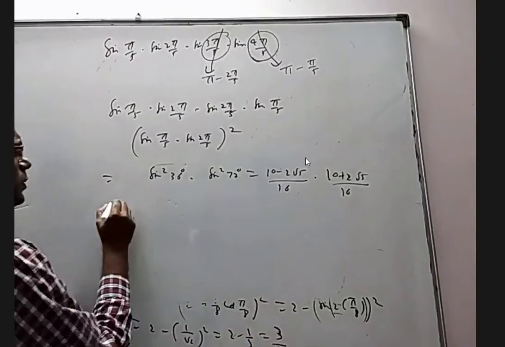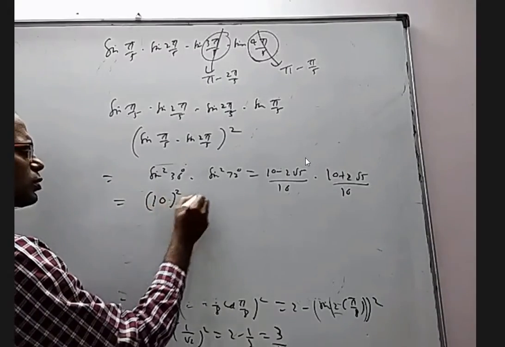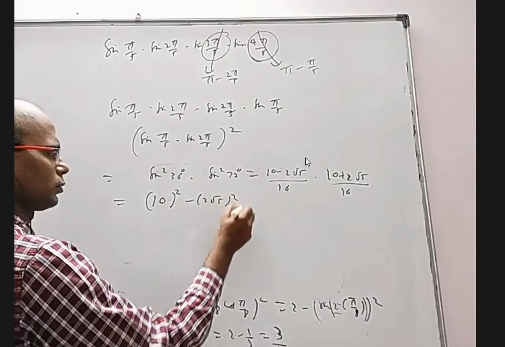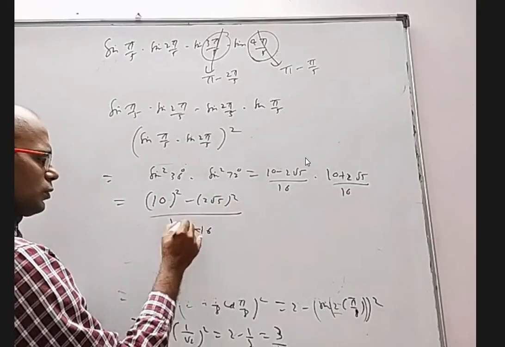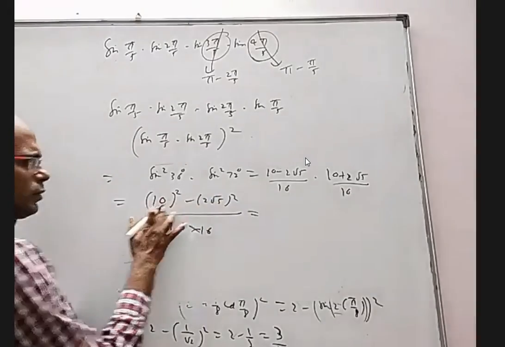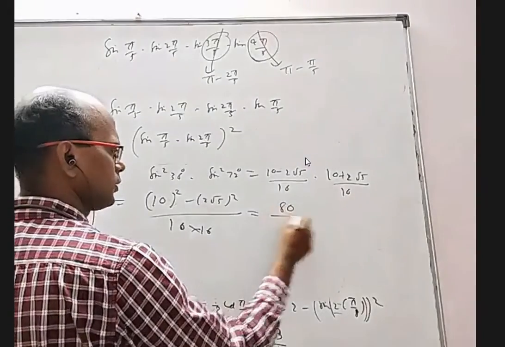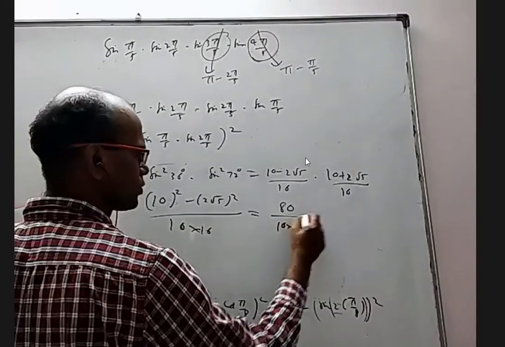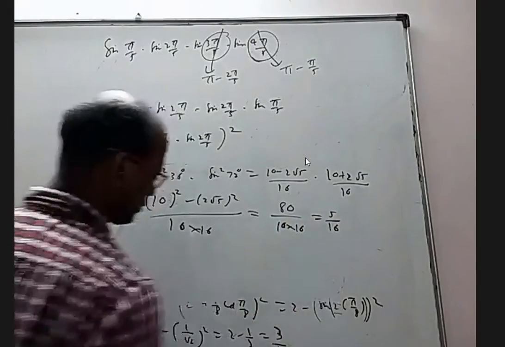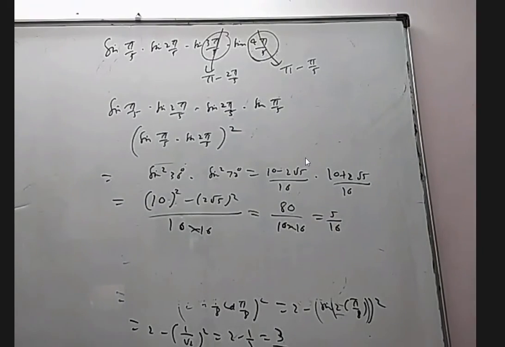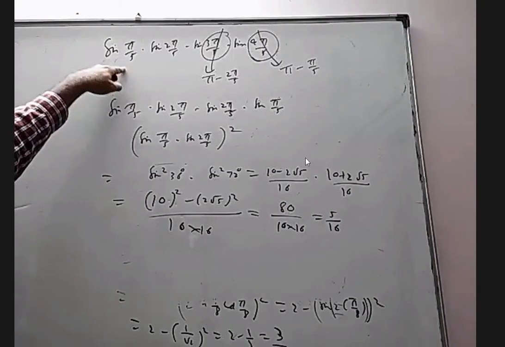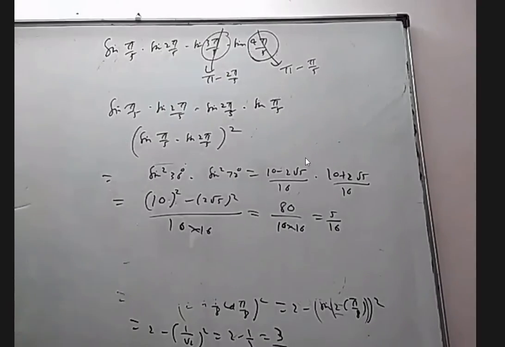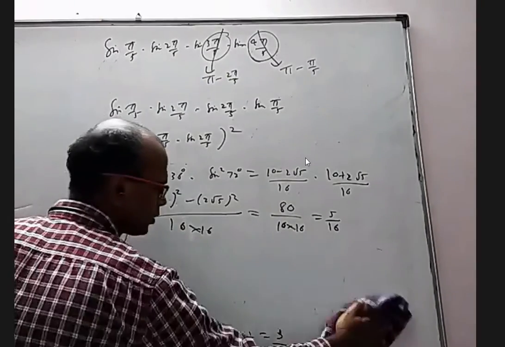A minus b into a plus b, a square minus b square. I'll get 10 whole square minus 2 root 5 whole square by 16 into 16. 100 minus 20, that is 80 by 16 into 16, which is 5 by 16. So just using all the known values, 36, 72, 108 and 144, and something like that.